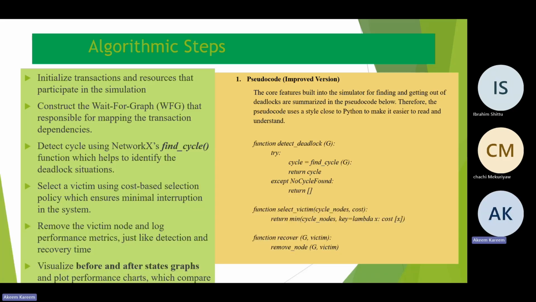Once a deadlock is detected, the recovery module selects a victim based on the lowest resource cost, and that victim is eliminated, thereby freeing up its resources. Finally, we visualize the before and after graphs, and also log the performance metrics automatically, which are all included in the final documentation of this project.